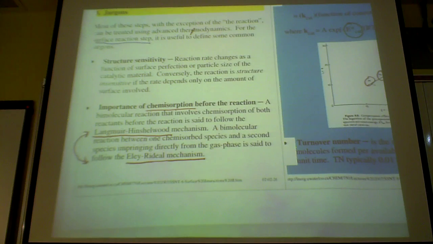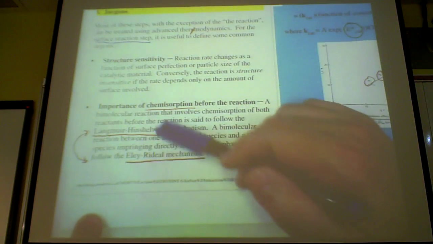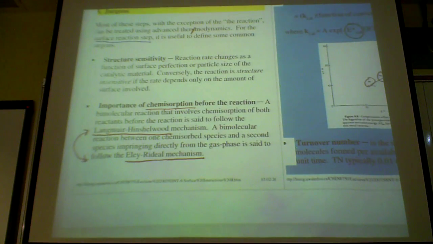So slightly different, and sometimes when you read the literature, you will see this type of mechanism. Langmuir-Hinshelwood versus Eley-Rideal mechanism, and you can study them. You can see what's going on between both reactants on the surface versus one reactant on the surface.